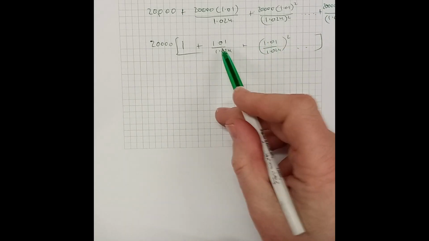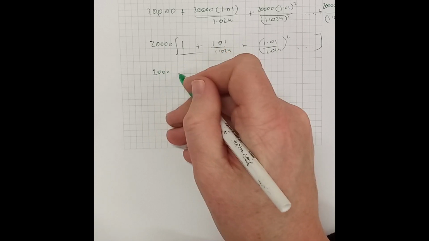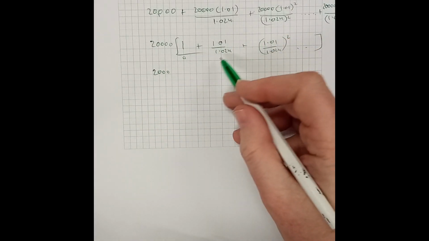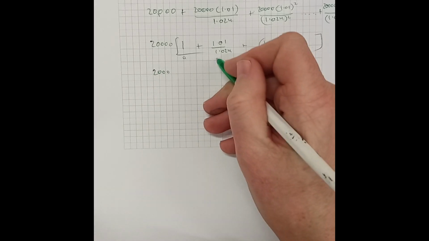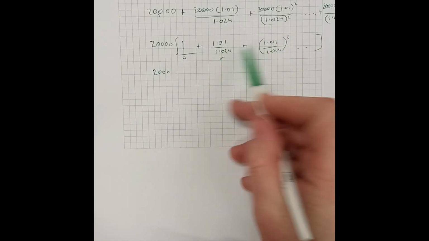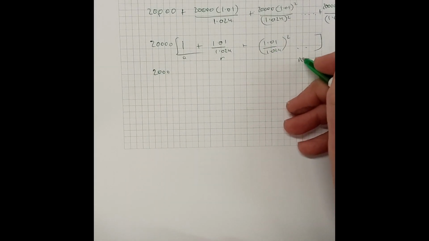So the only thing that's changing is you've got an A. If we just keep the 20 grand out, then this is an A, and then your R is really going to be that number, because you're multiplying that number by that number to get that, and that number by that number to get that next one. And then N is going to be 26.